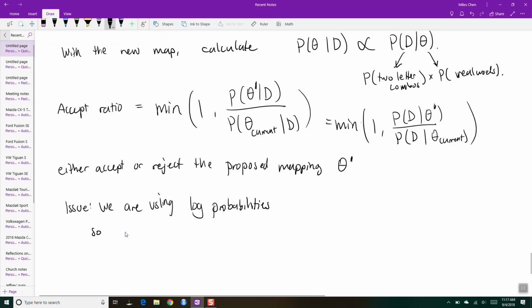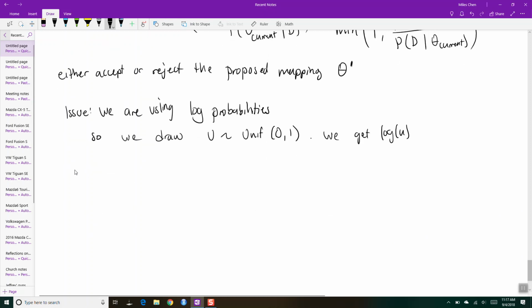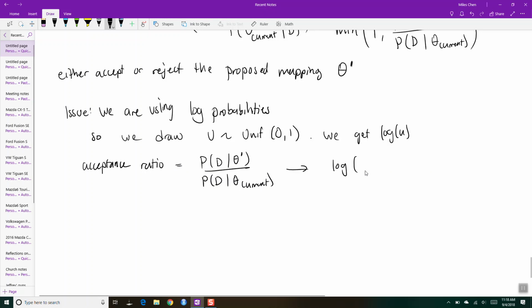So what we do is we draw U from uniform 0 to 1, and then we get log of U, and then our acceptance ratio, which is probability of D given the proposed divided by D given the current, becomes log of the proposed minus log of the current.